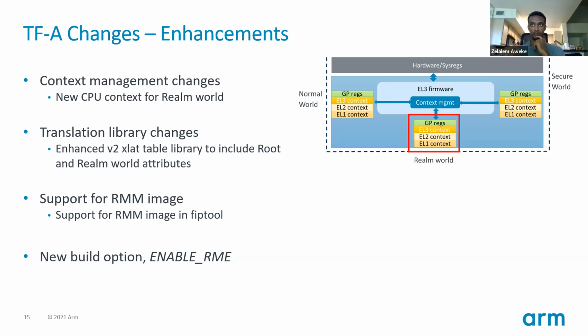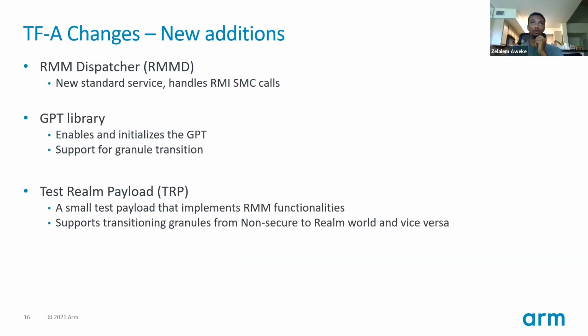In addition, we have new additions. We now have a new dispatcher, the RME dispatcher. It's a new standard service that handles calls from the RMM, RMI and RSI. It handles RMI SMC calls.